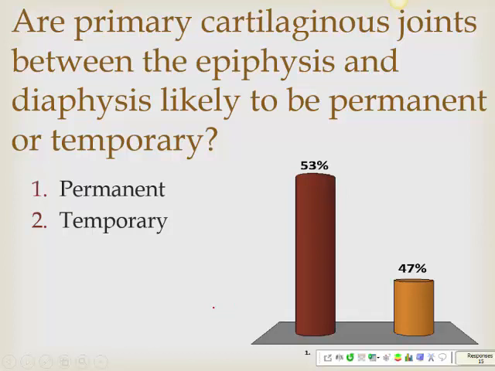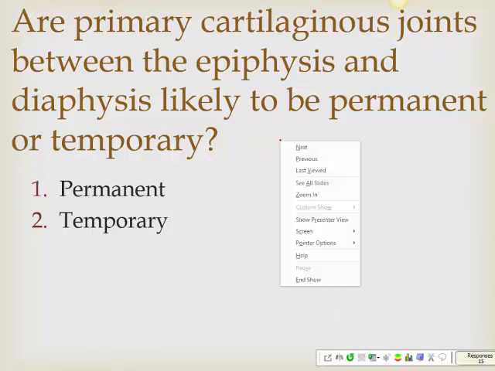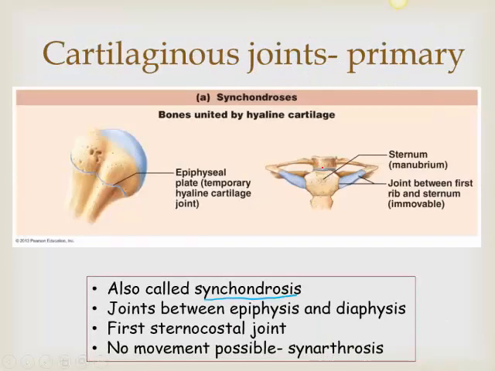Okay, the correct answer is these are temporary joints. Here's where you have to use critical thinking. I said a permanent joint is where the joint is always going to be present. A temporary joint is where the joint is going to remain for some time and after some time there's going to be no joint. You know from when you did the skeletal system that this epiphyseal plate is temporary hyaline cartilage. See, it says it here.